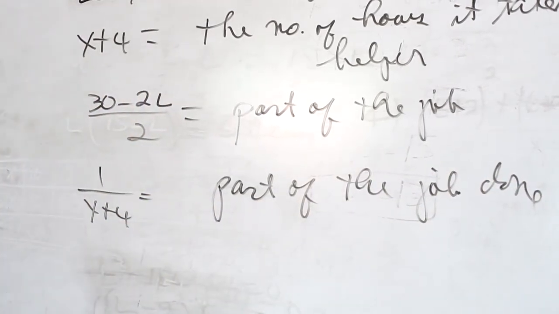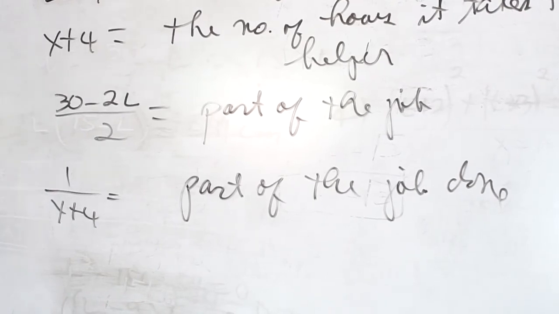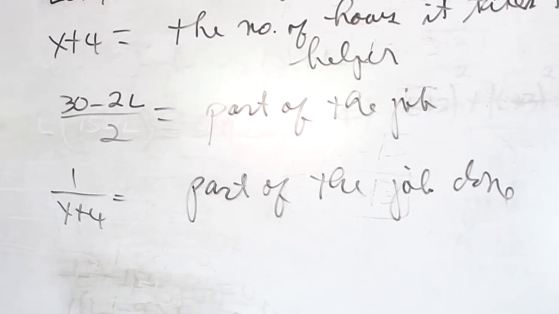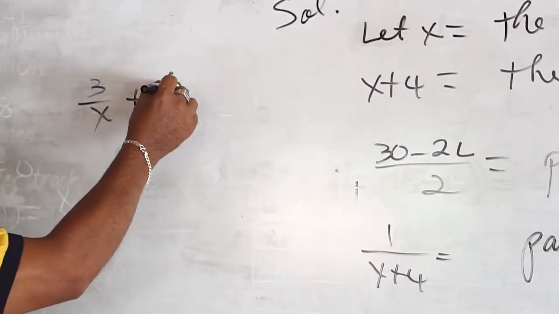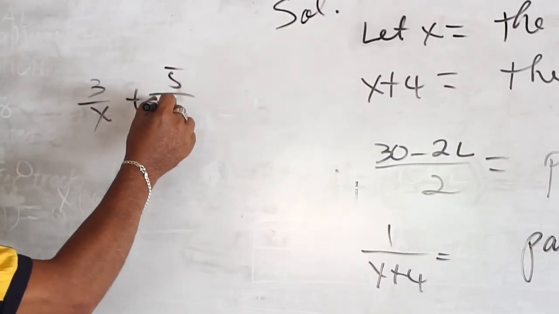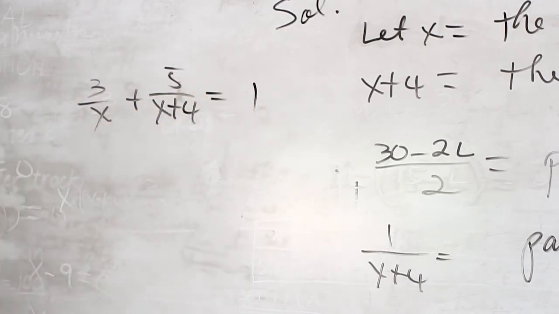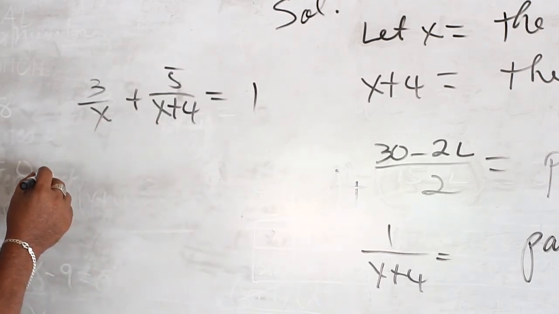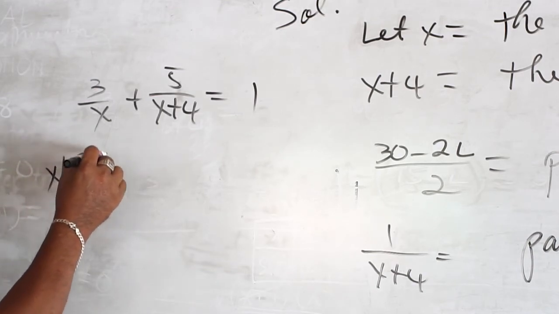Now you have to formulate the equation. The equation would be 3 over x plus 5 over x plus 4 equals 1. Then find the least common denominator. The least common denominator is x times x plus 4.